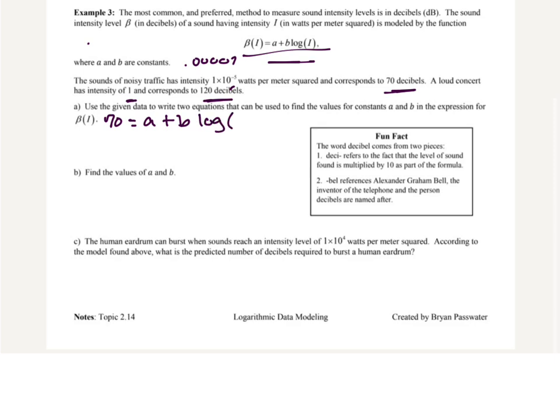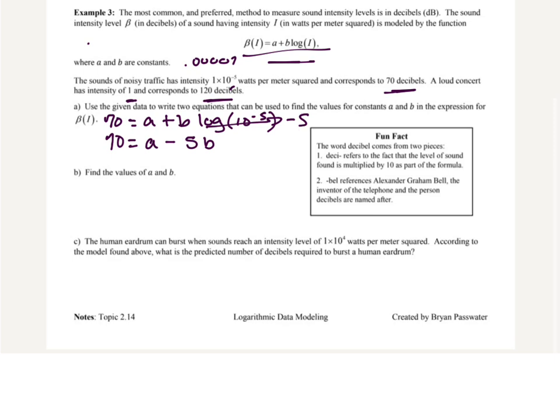I could go in here with that decimal number, but it's in base 10. So why don't I call it 10 to the negative fifth? What is log base 10 of 10 to the negative 5 power? Negative 5. You see? So if this is in log base 10 and my input is in base 10, it should cancel, right? So this actually is 70 equals A minus 5B, because log base 10 of 10 to the negative 5 power is negative 5.